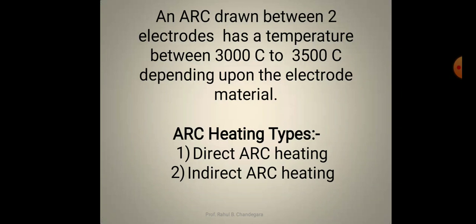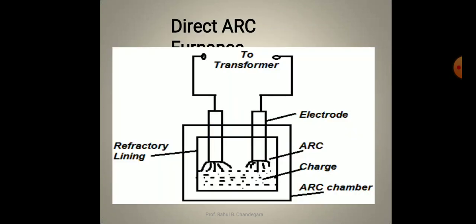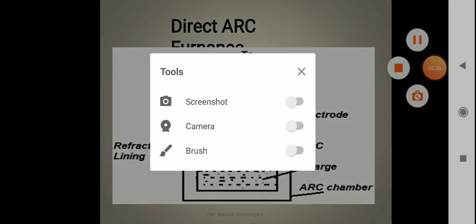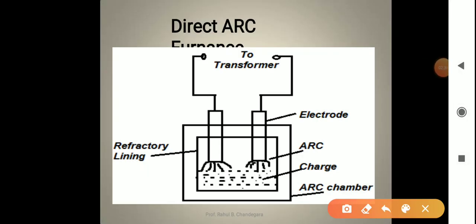We already know arc heating is of two types: direct arc heating and indirect arc heating. The difference between direct and indirect arc heating is the physical structure of the arc. Now we will study them one by one. Direct arc heating. This is one electrode, this is another electrode, and both electrodes are connected to a transformer.